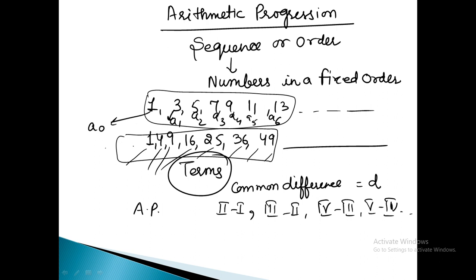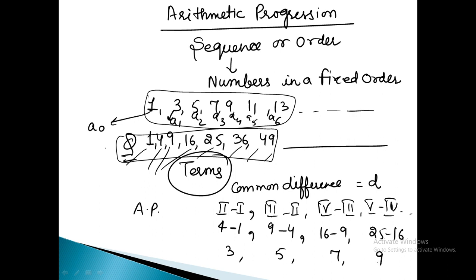For example, in this question, we have the second number 4 and the first number 1. In this series, the third term is 9: 4 minus 1 is 3, 9 minus 4 is 5, 16 minus 9 is 7, 25 minus 16 is 9.